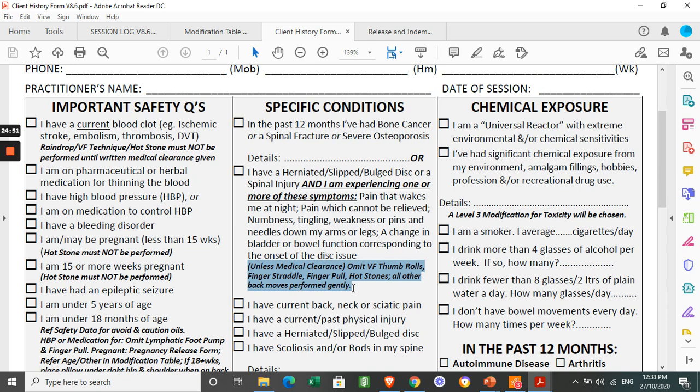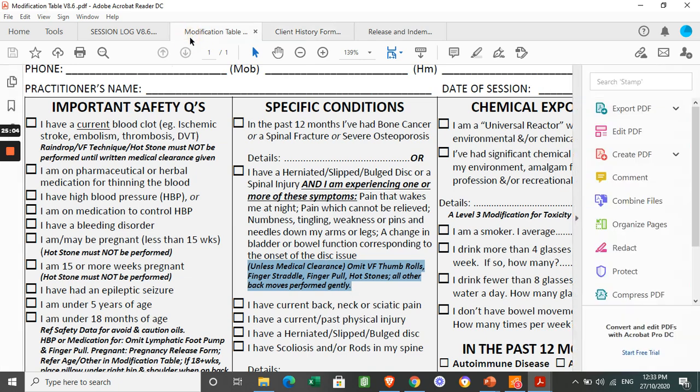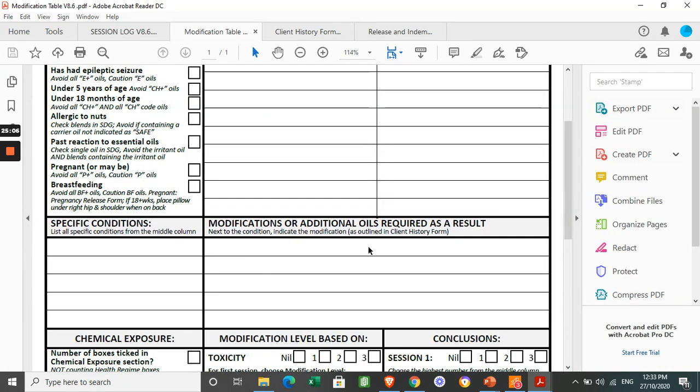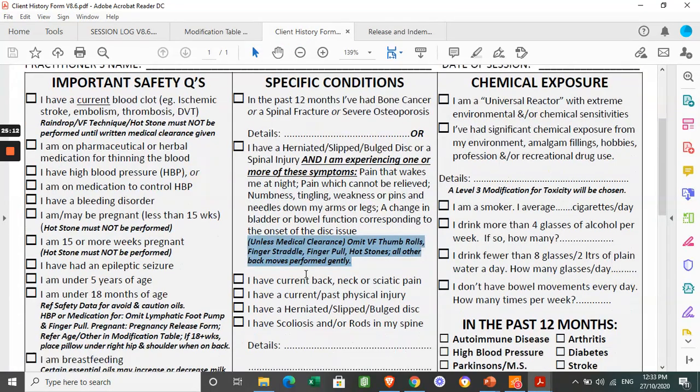You just would not be able to offer hot stones. And all back moves that you would do, you would perform very gently. But you're going to copy and paste literally all of those words into the modification table next to where you've written their specific condition. Okay? All right, let's keep moving along.